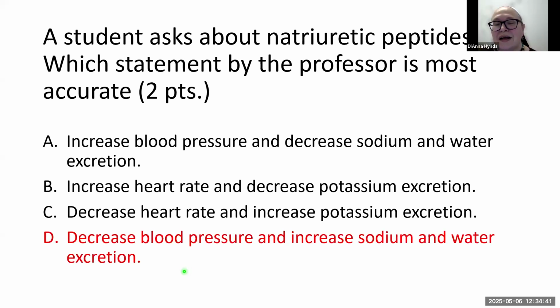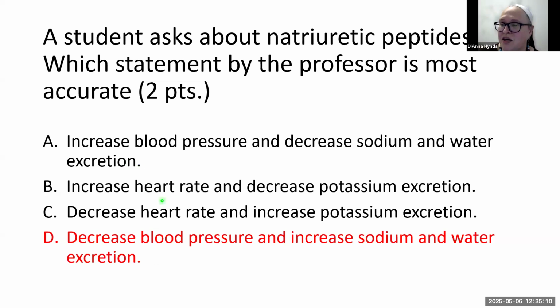There we go. If you run the slideshow, the correct answer should show up in red. They're all animated, so if you download the PowerPoint and run the slideshow, you can quiz yourself. The best answer here, the one that is most truthful from the professor, is that natriuretic peptides decrease blood pressure and increase sodium and water excretion.